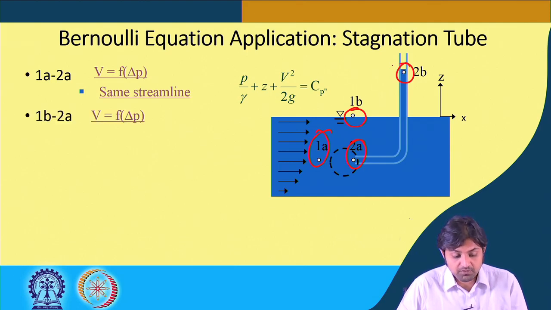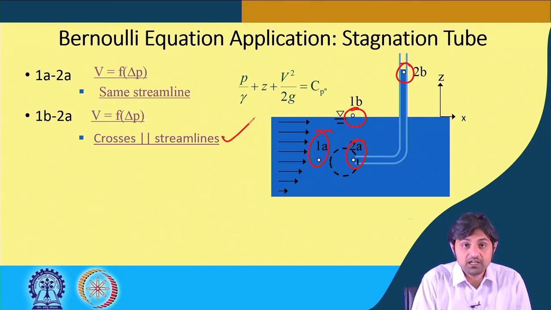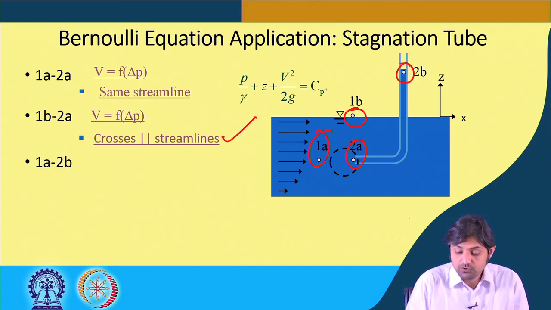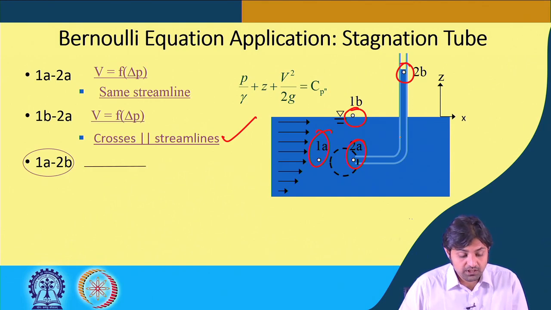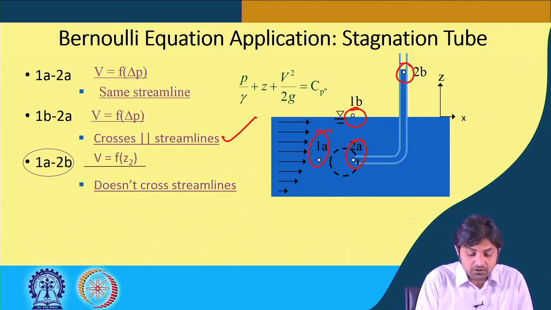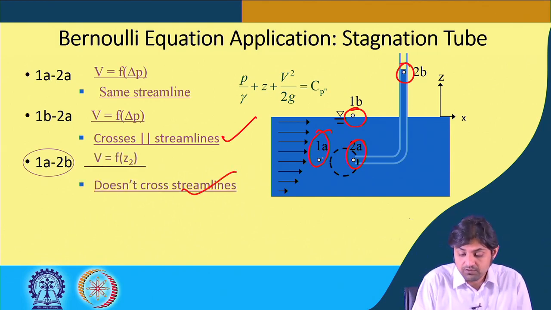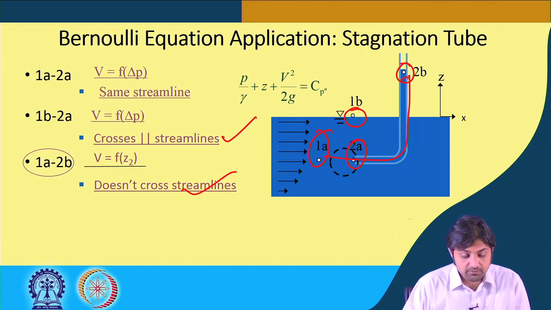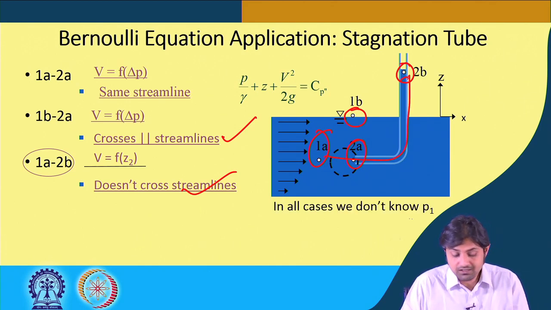If you go from 1B to 2A, it crosses perpendicular streamlines. If you go from 1A to 2B, it doesn't cross the streamlines. Going from 1A to 2A, it doesn't cross the streamline. In all cases, what we don't know is P1.